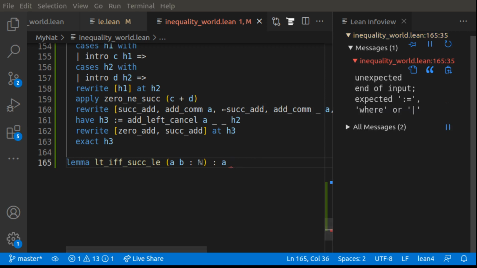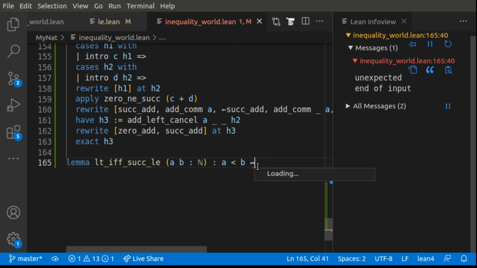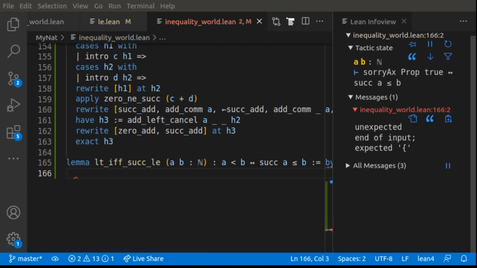I'm not sure how to write that with Unicode. I'm just going to copy it over. A less than B if and only if the successor of A is less than or equal to B, and we'll define that by the things we just did.